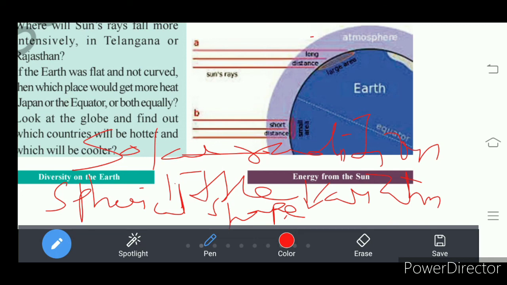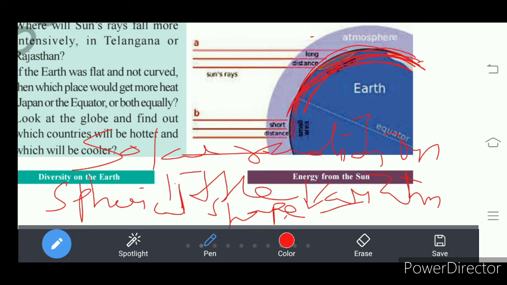Look here, this is the bend. This is curvature. Understand? So the curvature and the spherical shape of the earth are the reasons for variation in temperature.